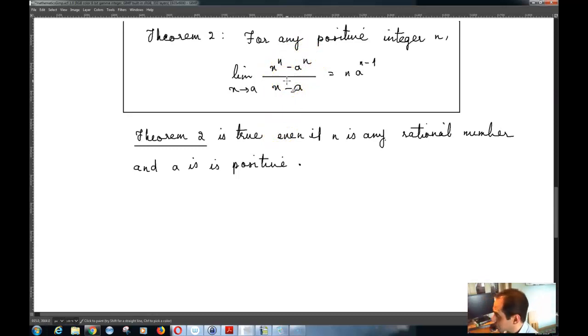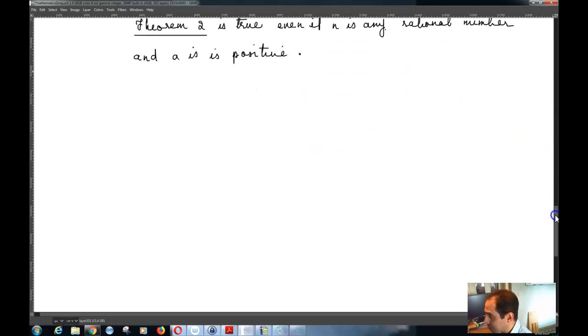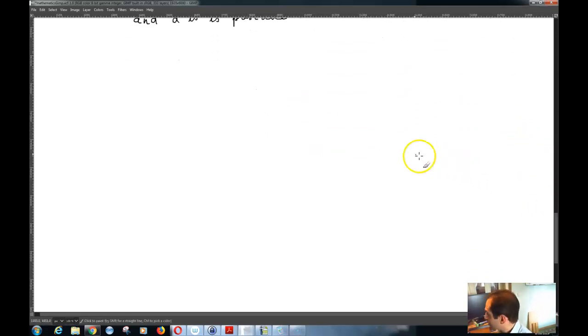In order to understand why this limit works, you need to take a look at the proof of the theorem, see how it's been proved, and then based on that we can decide other things.